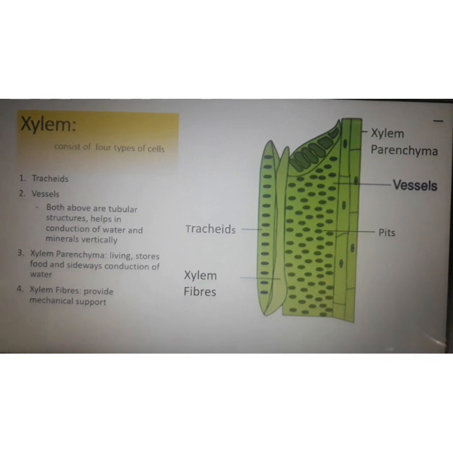We will discuss the structure of these two in the next slide. Next is xylem parenchyma, which is the same as the parenchyma you have read about in simple permanent tissue. It is living and helps in storage of food and lateral conduction of water. Xylem fibers are mainly supportive in function because of the deposition of the substance lignin.